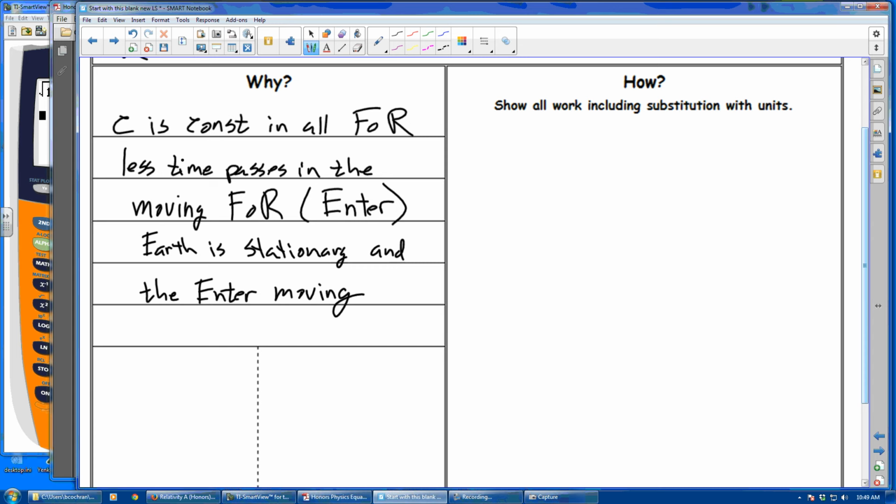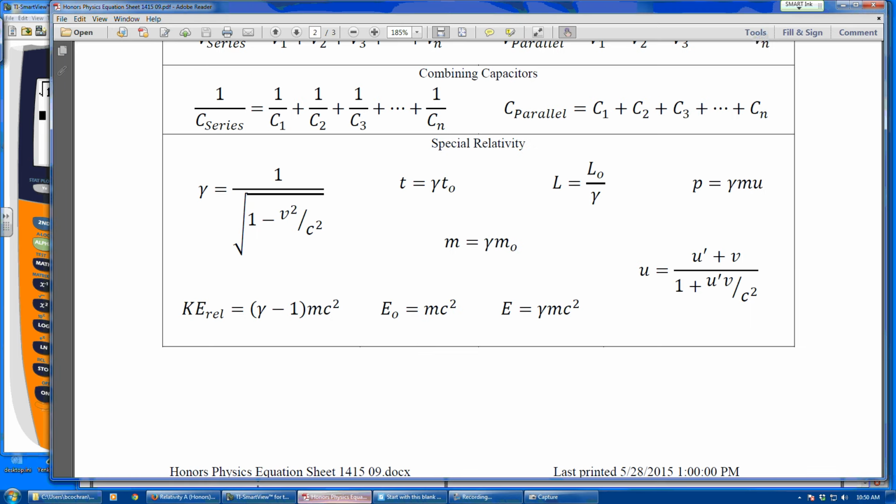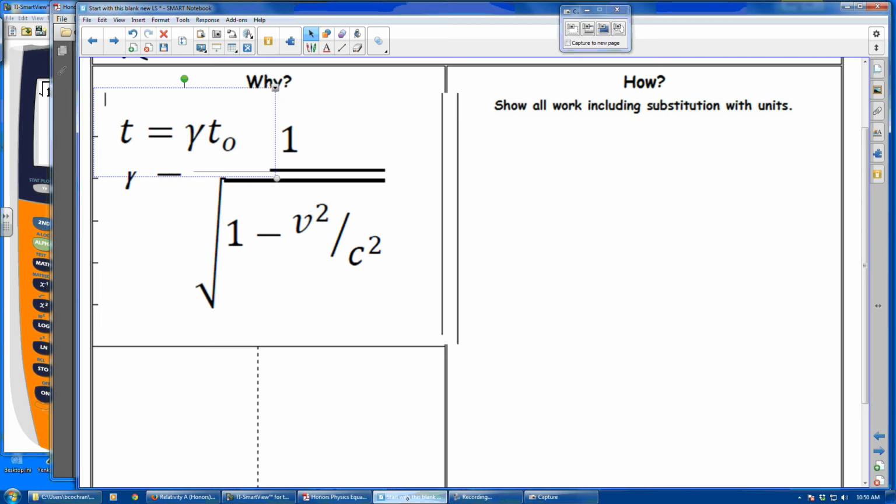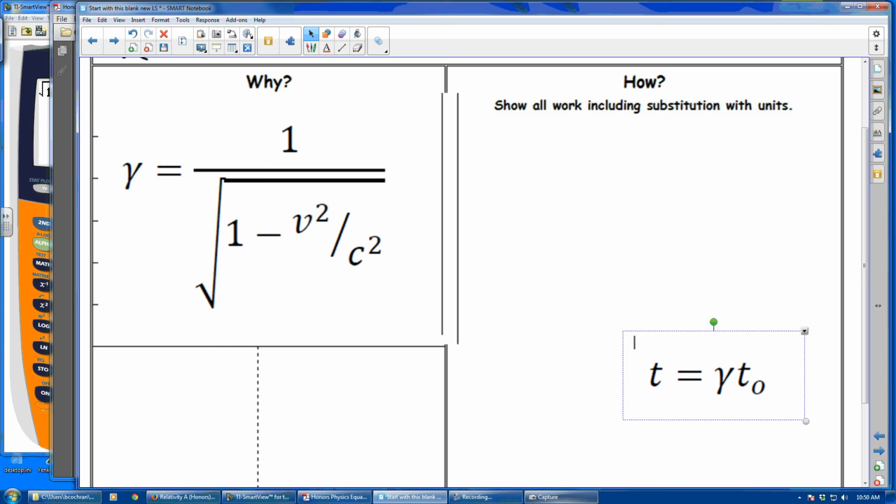But we kind of get at that in the previous one, that less time is going to pass. So there's assumptions we can make there. Yeah, lots of other ways to say that. So let's grab our equations that we're going to need. I don't feel like redrawing. So we need the Lorentz transformation here, and we need our time relationship. And move those over here and make it smaller.